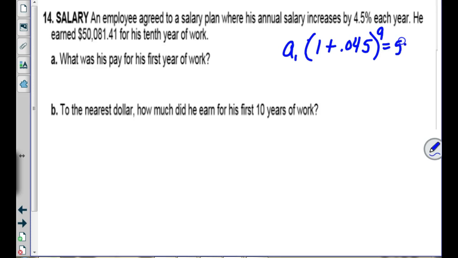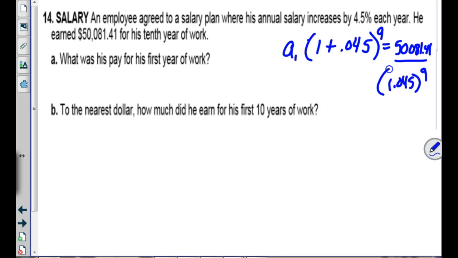And the new salary after 10 years is given. So take this number and divide it by 1.045 to the 9th to figure out what his original salary was.